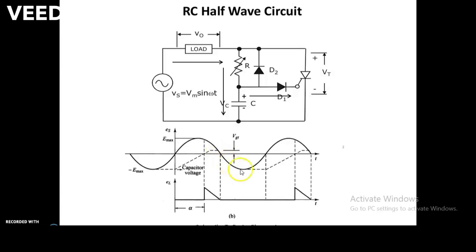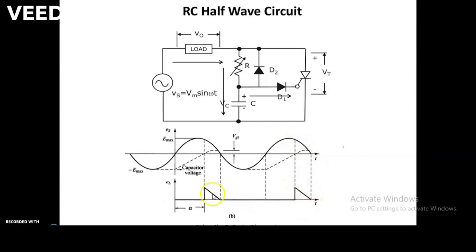Similarly, again in next positive half cycle, what happens? Again capacitor starts charging from this negative value and again acquires sufficient voltage to turn diode D1 on, and gate current gets supplied to SCR. When capacitor breaks this diode down and provides gate current, SCR turns on and this supply voltage appears across load.